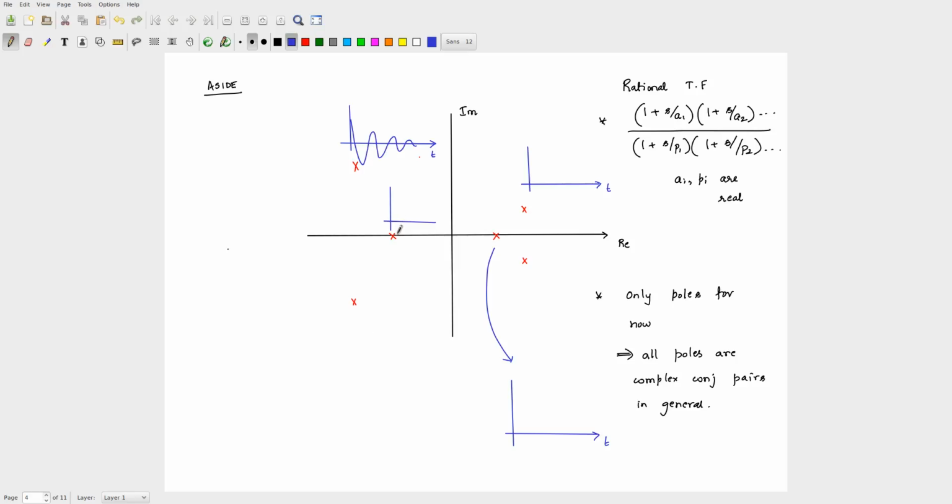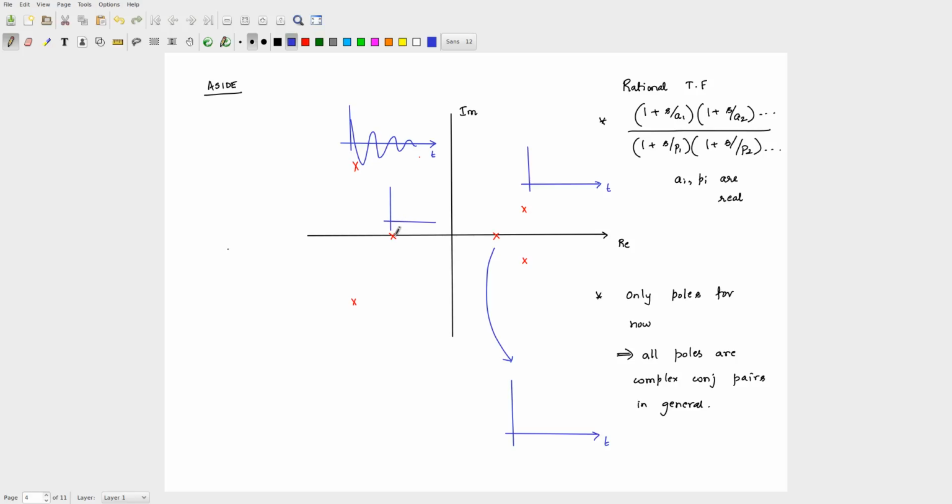It will not ring. Okay. And it will be an exponential decay. Okay. Which one will decay faster? This one or that one? See, the one that has larger magnitude of the imaginary part will decay faster, right? So this one should decay slower, right?